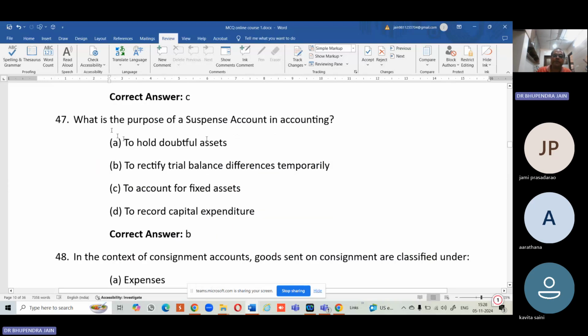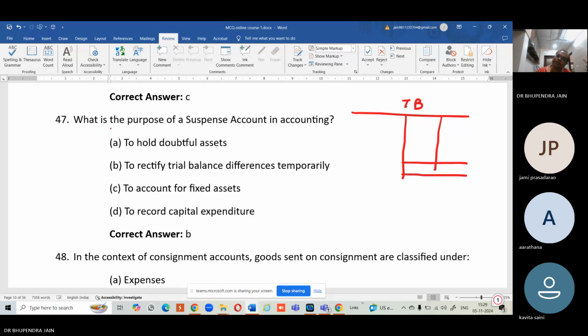What is the purpose of a suspense account in accounting? Suppose we have prepared the trial balance. The debit side of the trial balance is 10 lakh, and the credit side is 9,30,000.